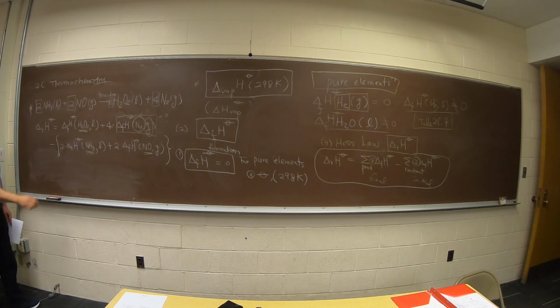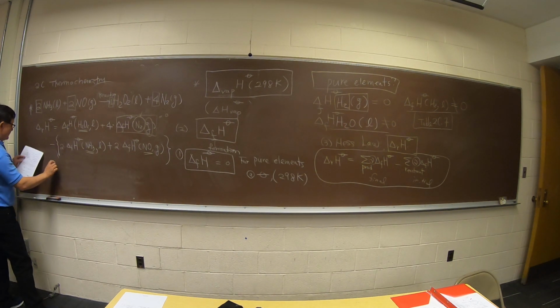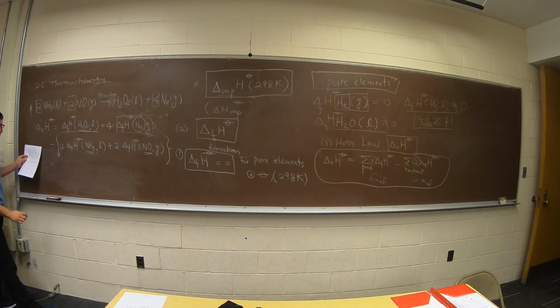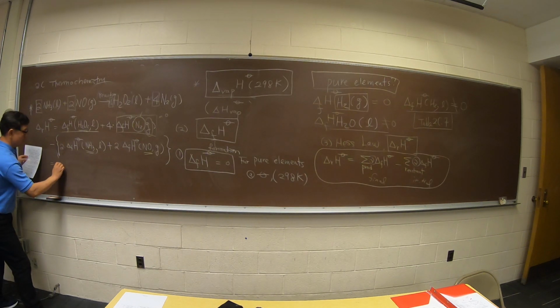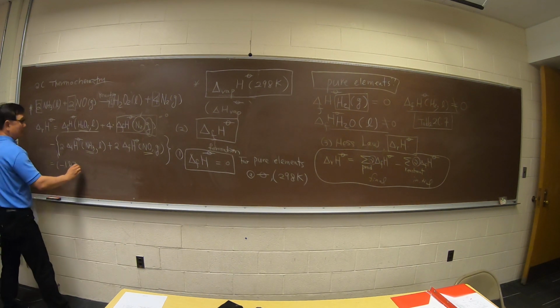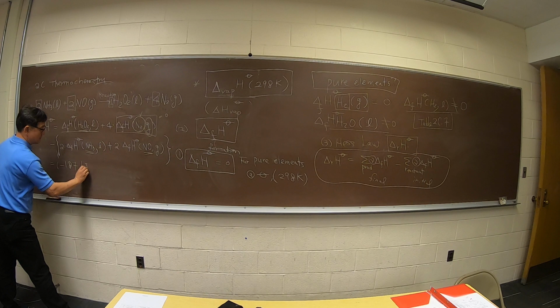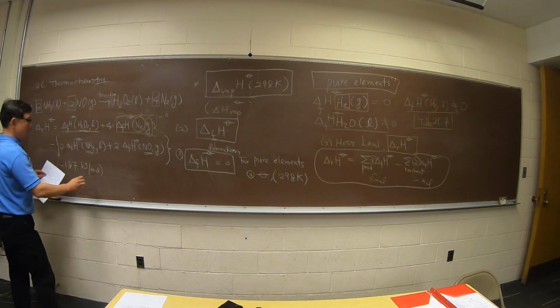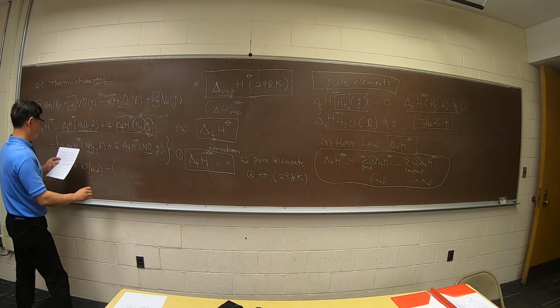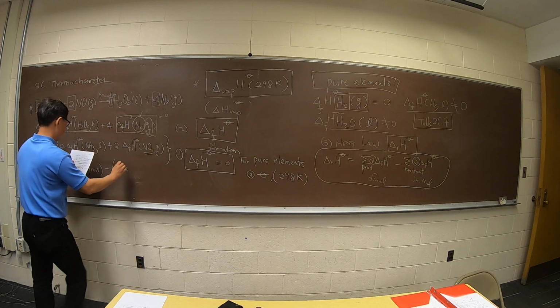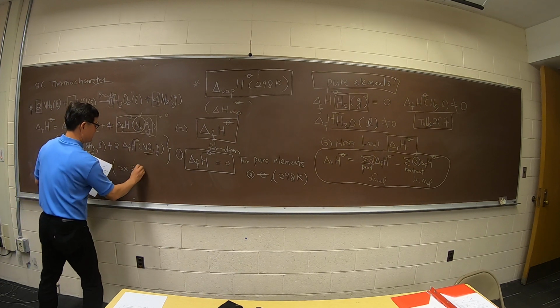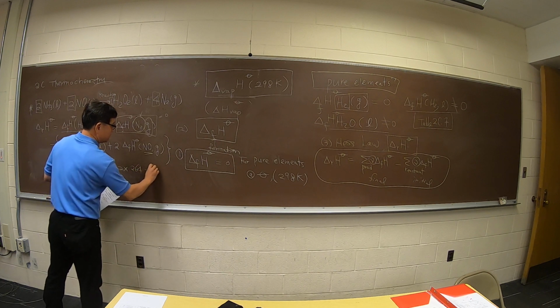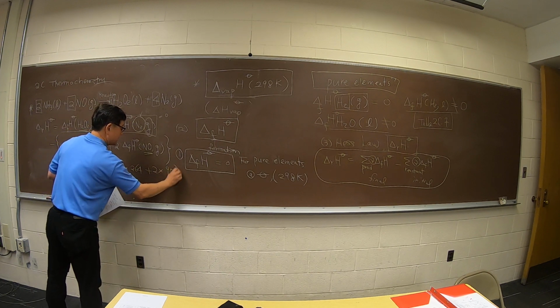Then I have to look at the tables. This enthalpy of formation was minus 187 kilojoule per mole. You can find that in the textbook. And minus 2 times 64, 2 times 90.